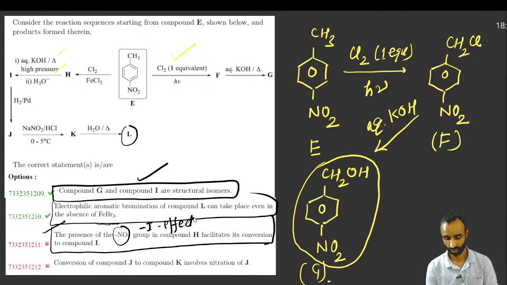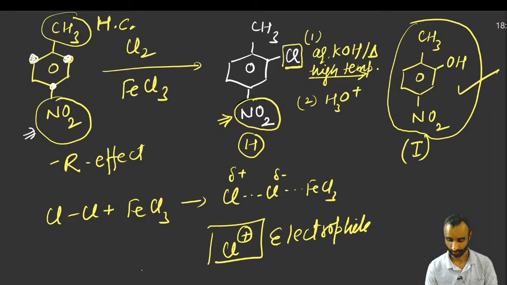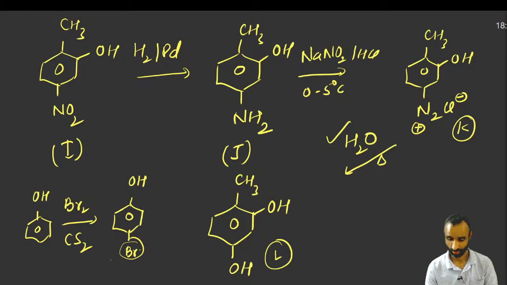Now next is conversion of compound J to compound K involves nitration of C. J to K. Okay, J to K there is no such reaction, right?